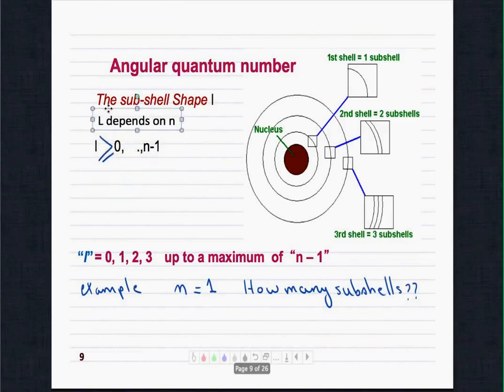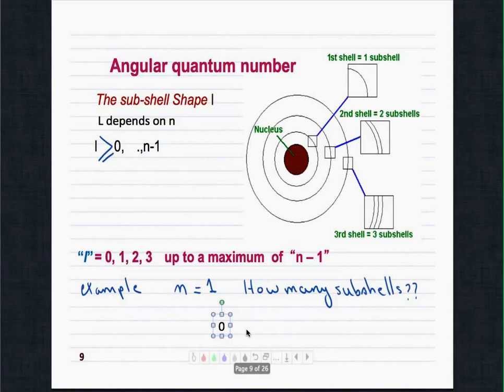As an example, for n equals 1, l can be any value from 0 to n minus 1. So n equals 1, 1 minus 1 is 0. So for n equals 1, we have l equals 0.